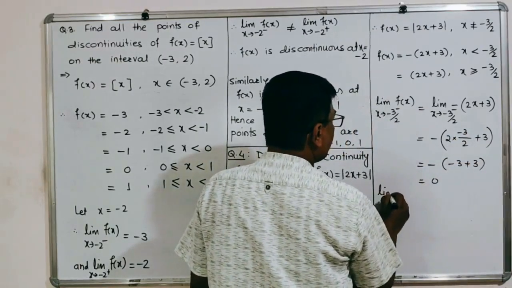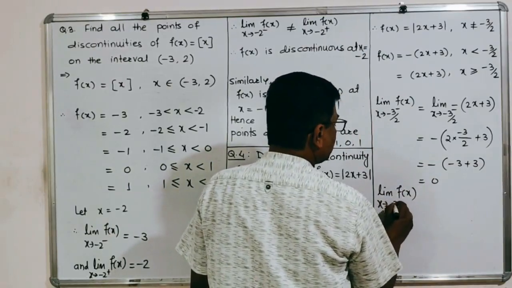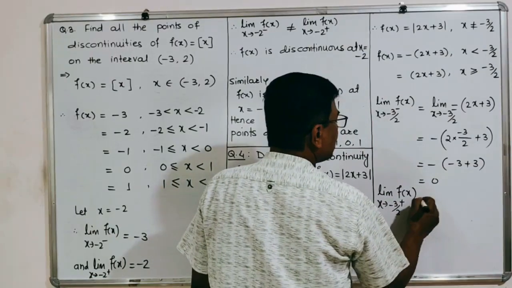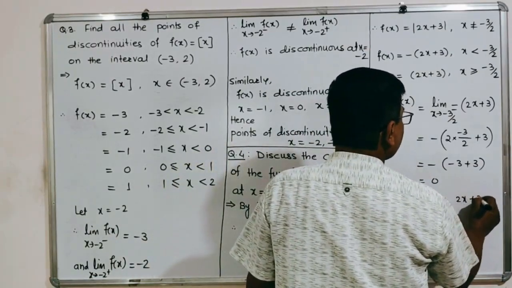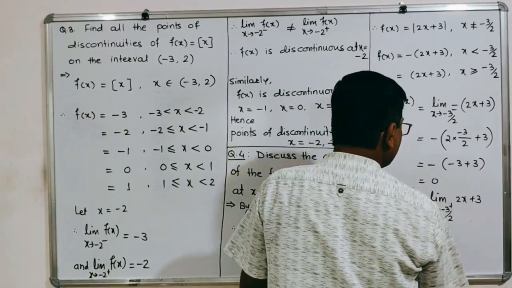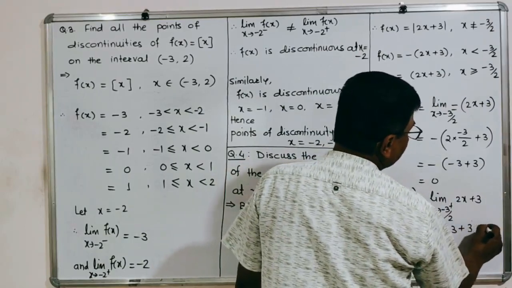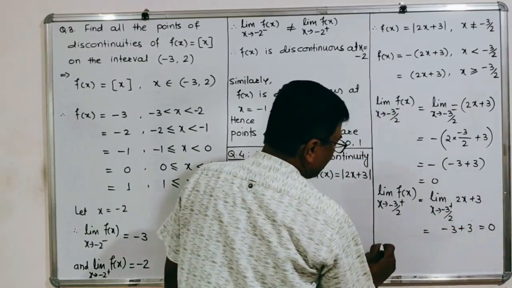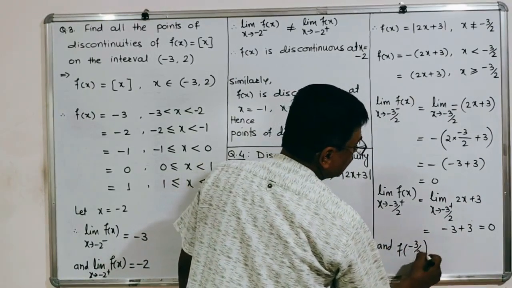Similarly, the limit of f of x as x tends to -3/2 plus is equal to the limit of 2x plus 3 as x tends to -3/2 plus. Hence, if you substitute this value, we get again -3 plus 3, which is equal to 0, and f of -3/2 is also 0.